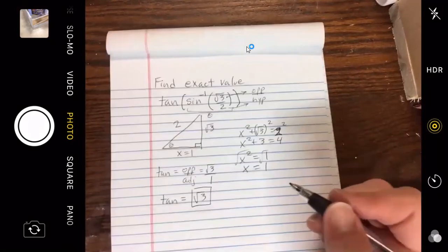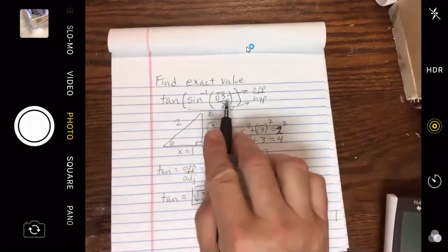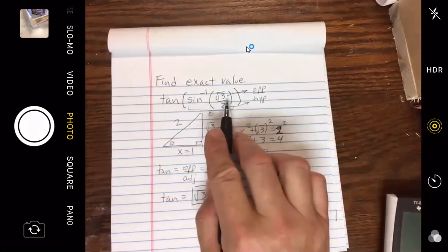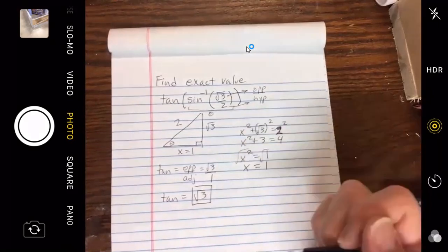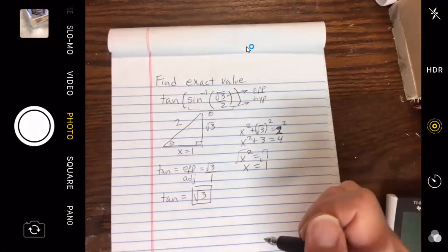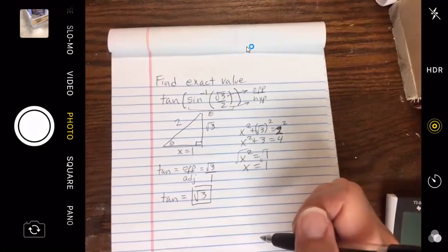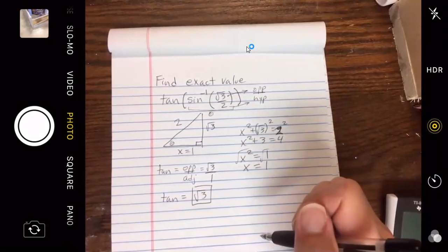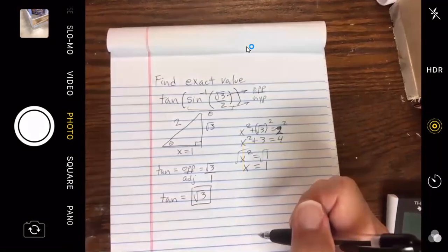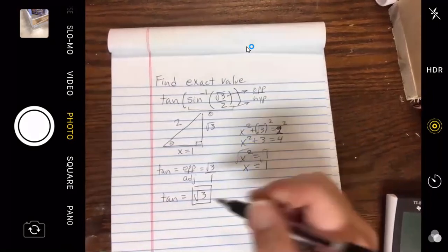And you can punch this on a calculator exactly like this, and you'll get the decimal for root 3. Well, if I get the decimal like that, is there any way I could change it back into answer form? No, no calculators do that, because root 3 is an irrational number, it goes forever.